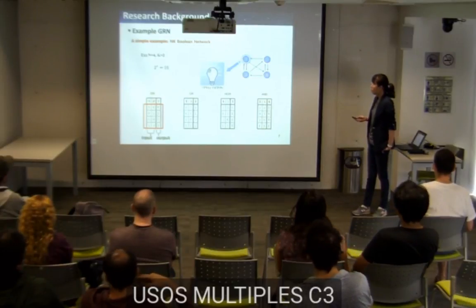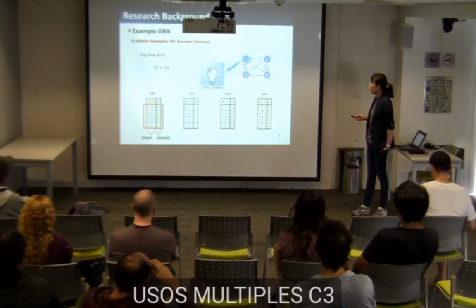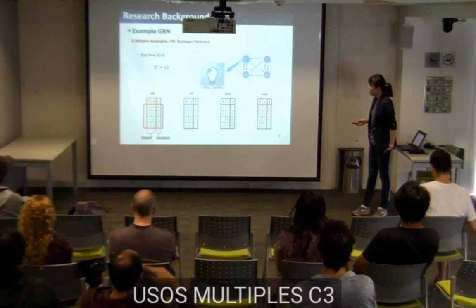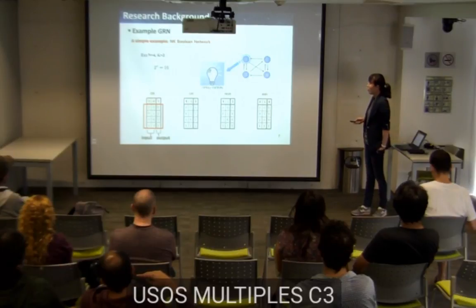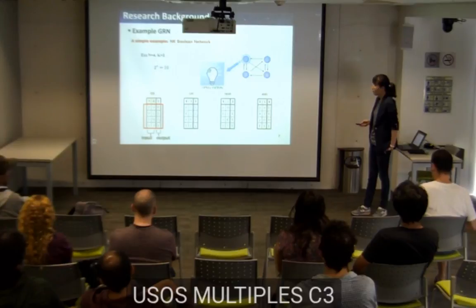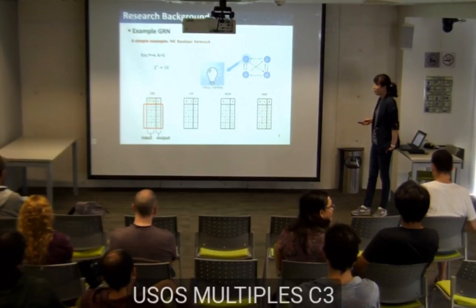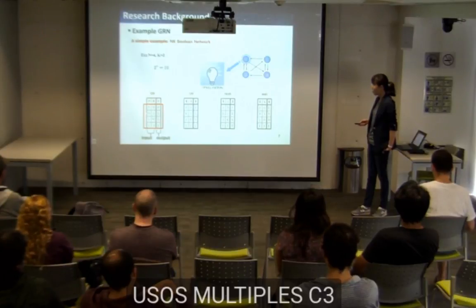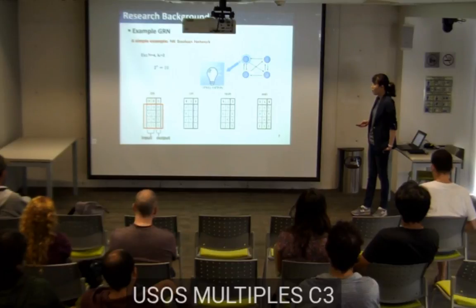For example, gene 1 has 2 inputs, gene 2 and gene 3. Now the assigned Boolean function is the OR function. So if the states of gene 2 and gene 3 are 0, then the state of gene 1 becomes 0 at the next time step. For the rest of the cases, the state of gene 1 becomes 1.